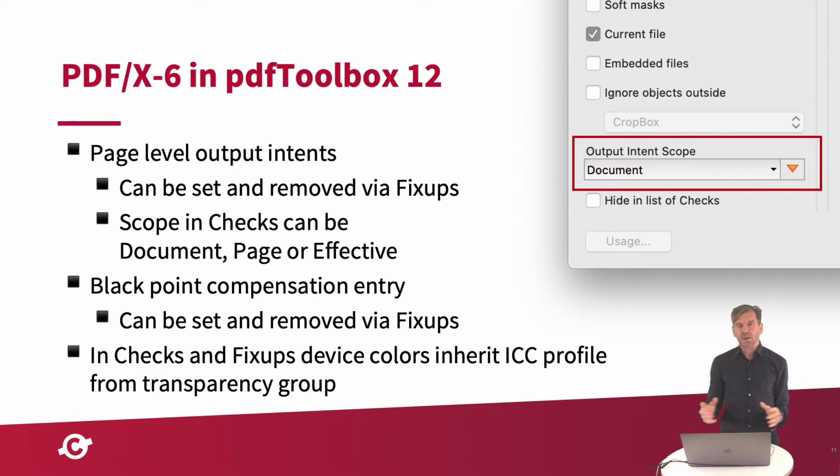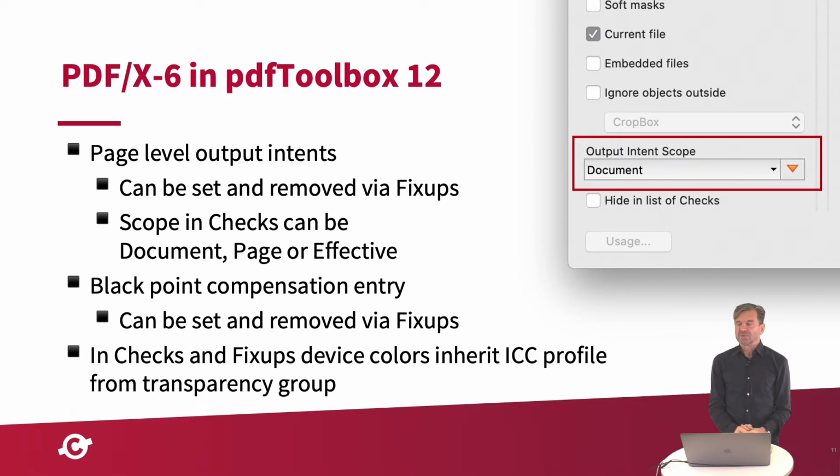However, as soon as your check has some relationship to an output intent, you can say, okay, this check should use the output intent from the document level, it should use the output intent from the page, or, which usually makes the most sense, it should be effective. That means if there is an output intent on the page, then that overrides an output intent on the document level. So the effective output intent is that from the page. And if the page doesn't have one, but the document has one, then that is the one that is effective.